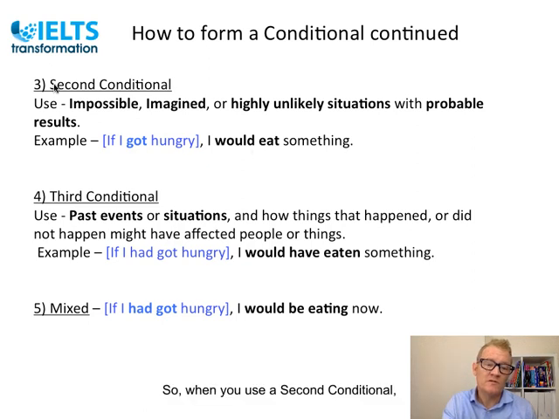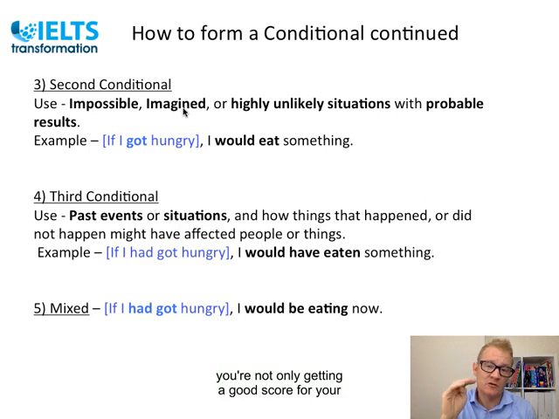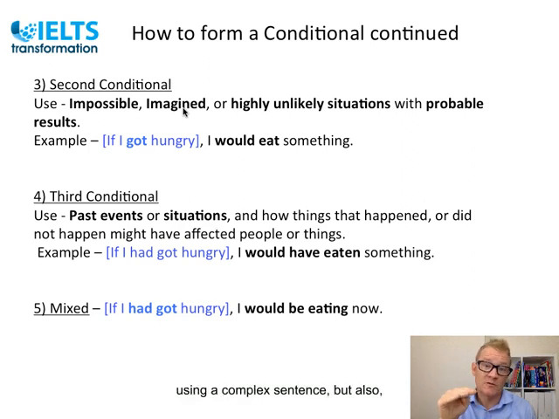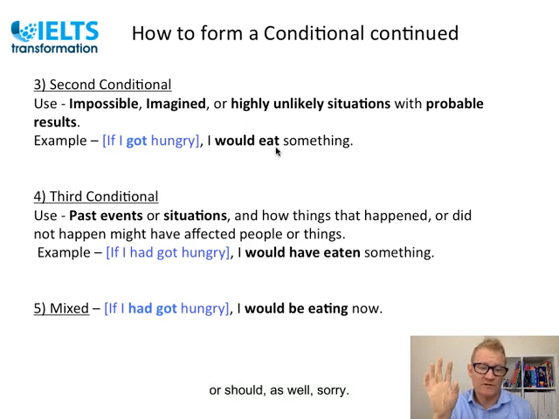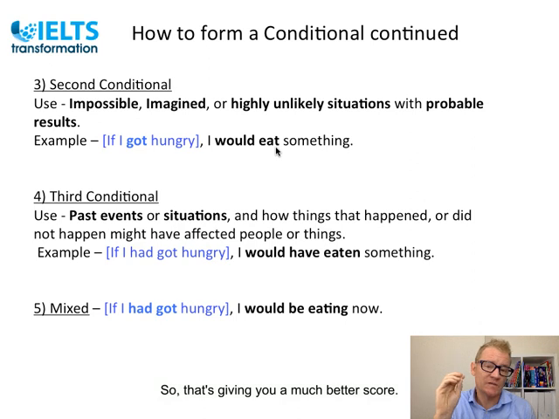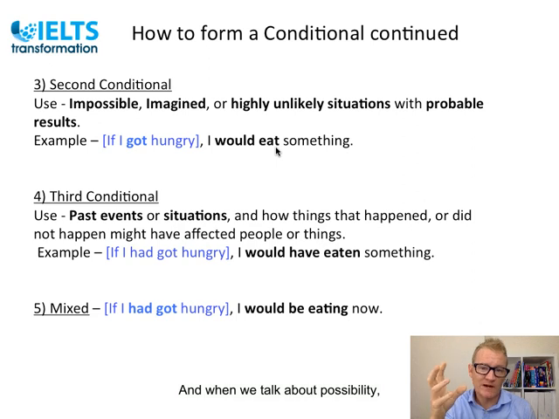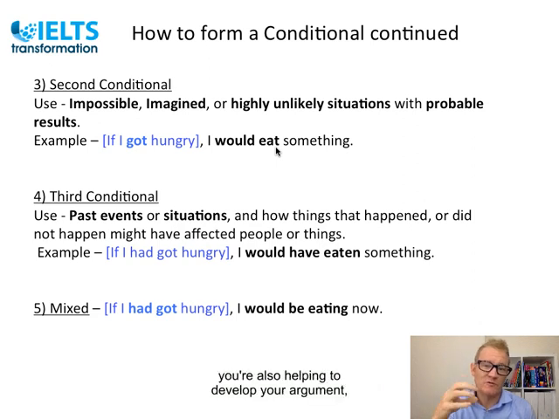So when you use a second conditional, you're not only getting a good score for using a complex sentence, but also you're talking about possibility, and you must use would, could, may and might, or should as well, sorry. So that's giving you a much better score. And when we talk about possibility, you're also helping to develop your argument, to support your opinion.